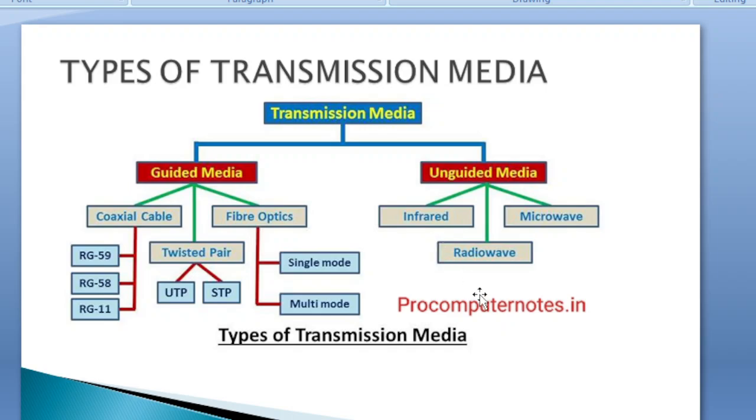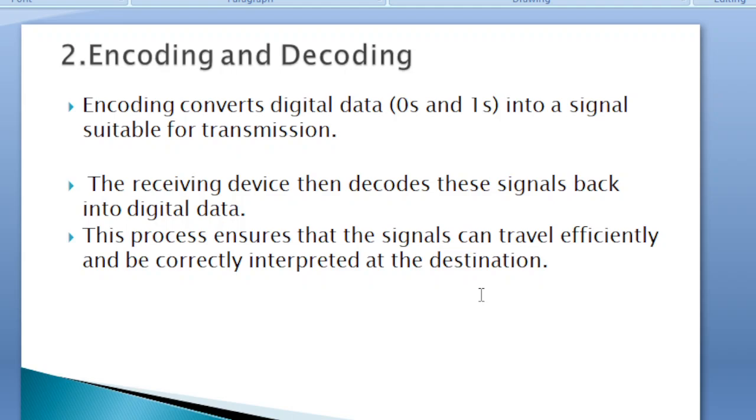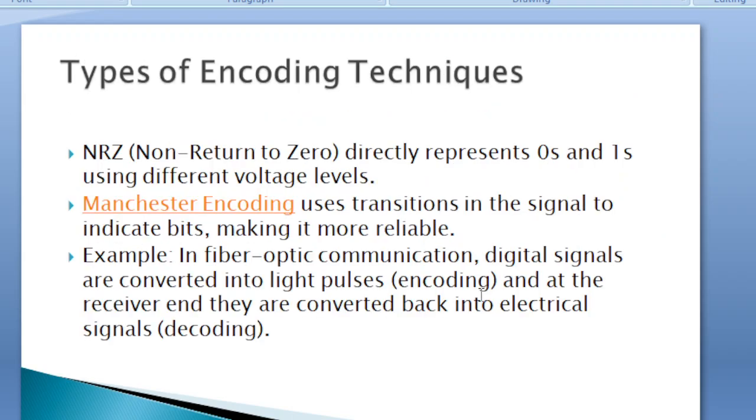The next function of the physical layer is encoding and decoding. Encoding converts the digital data, that is zeros and ones, into a signal suitable for transmission. The receiving device then decodes these signals back into digital data. This process ensures that the signals can travel efficiently and be correctly interpreted at the destination. Next are the types of encoding schemes.